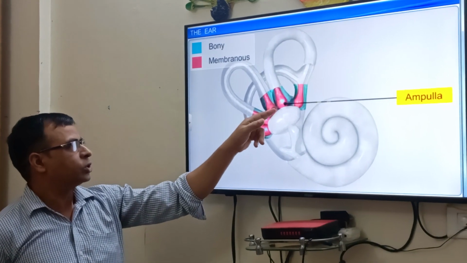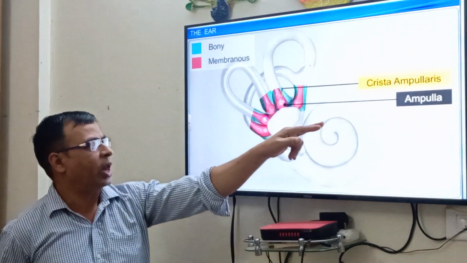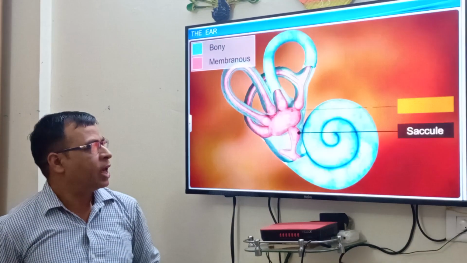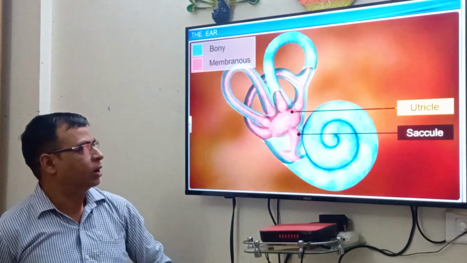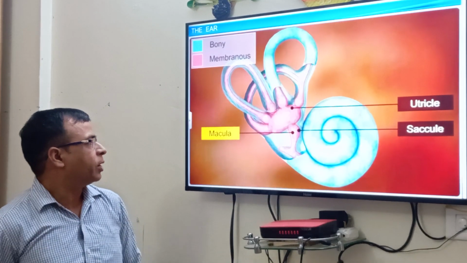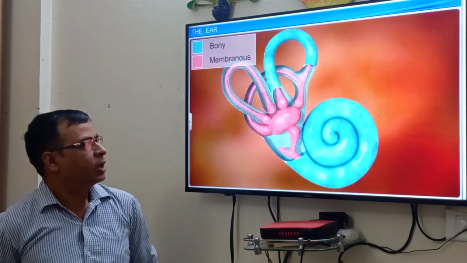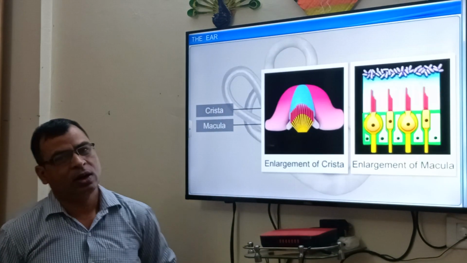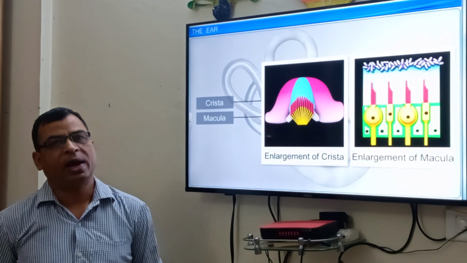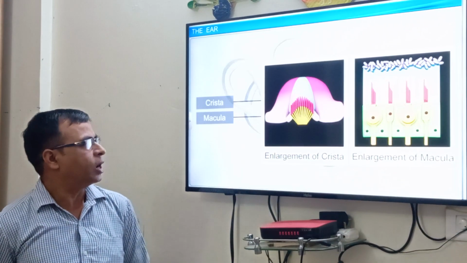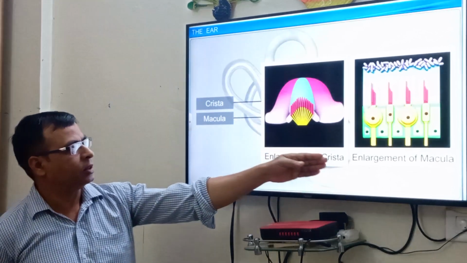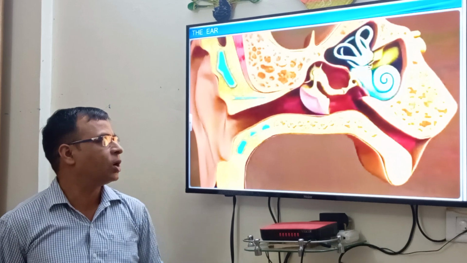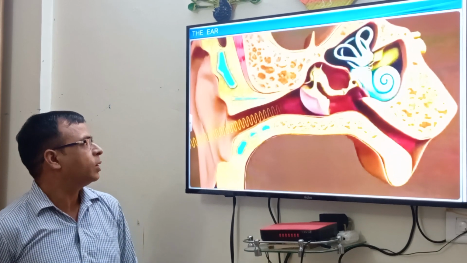The basal portion is swollen, and this is the ampulla, which has the crista ampullaris. There are also the saccule and utricle in this apparatus. This is the macula. So crista and macula are the receptors for balance of the body and posture. This is the enlargement of crista, and this is the enlargement of macula.